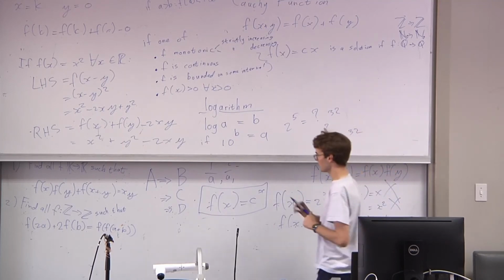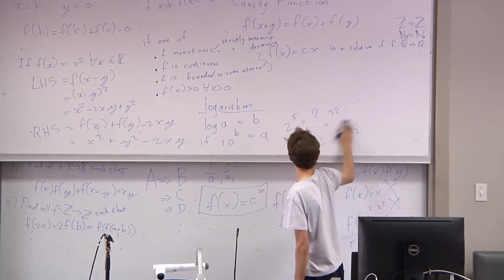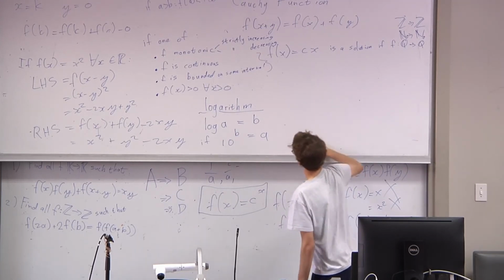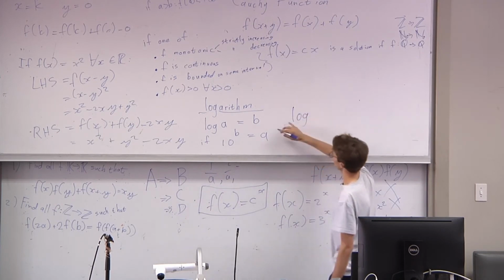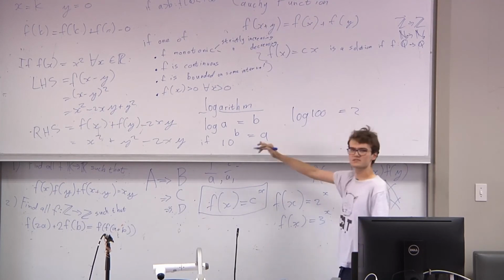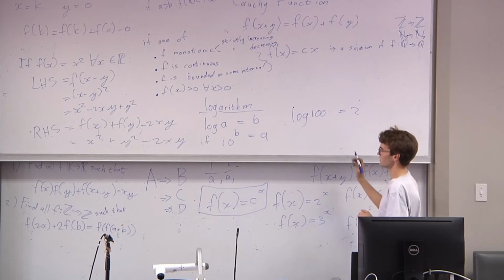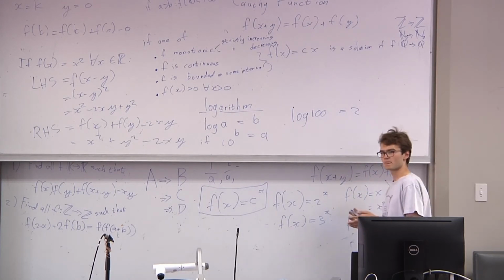Okay? So the logarithm log of 100 would be 2 because 10 squared is 100, right? So it's the inverse of exponentiation.